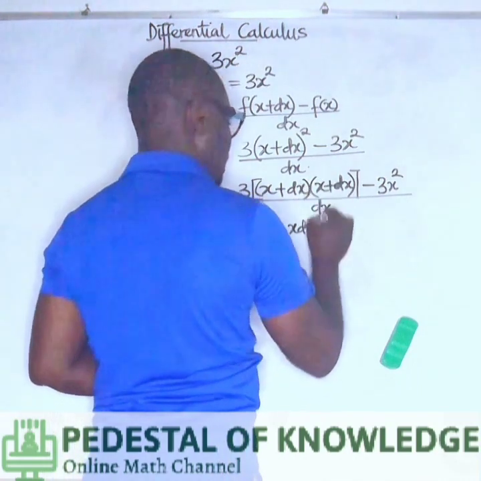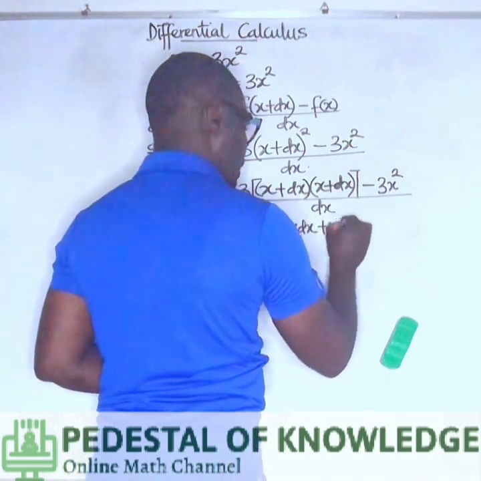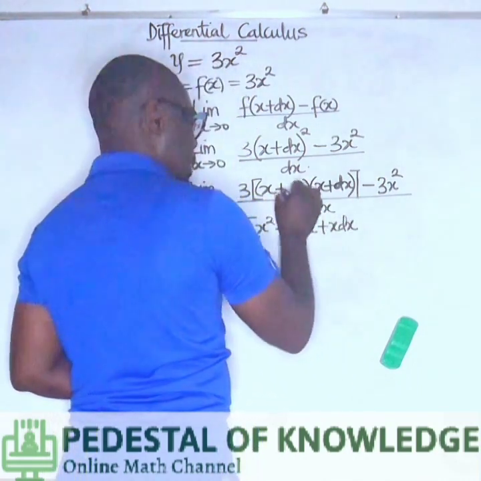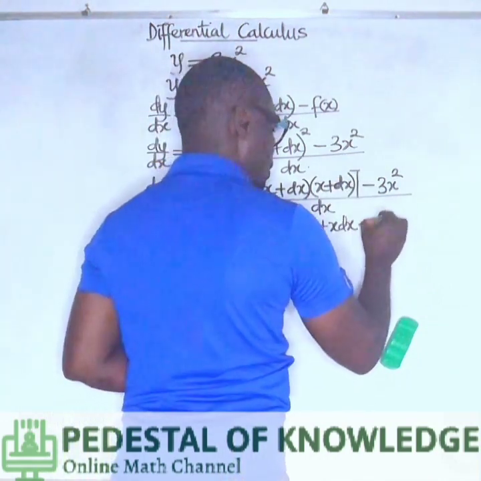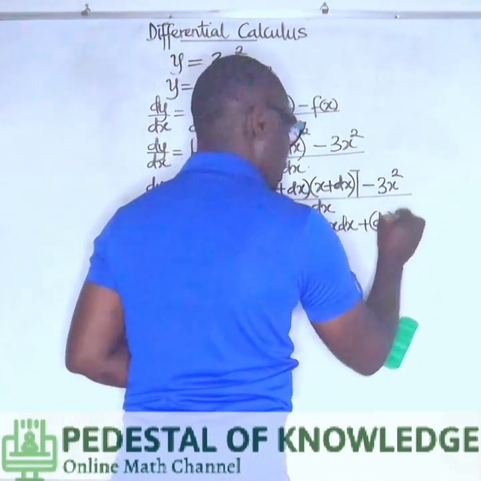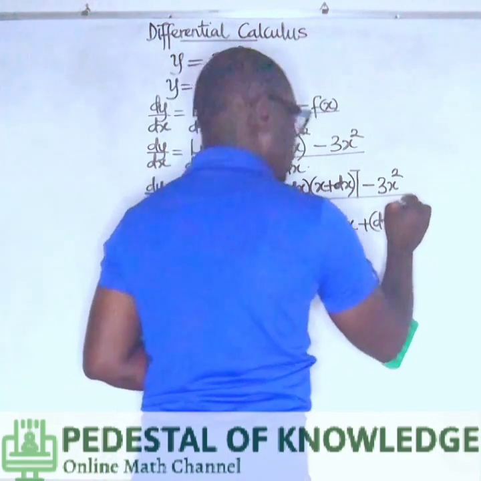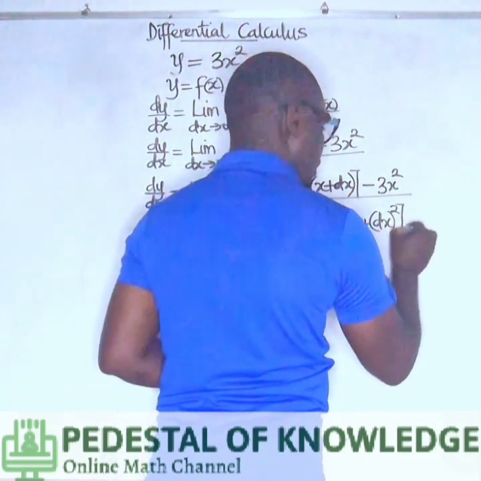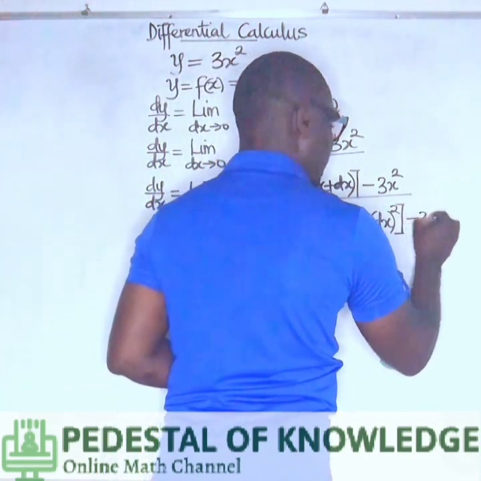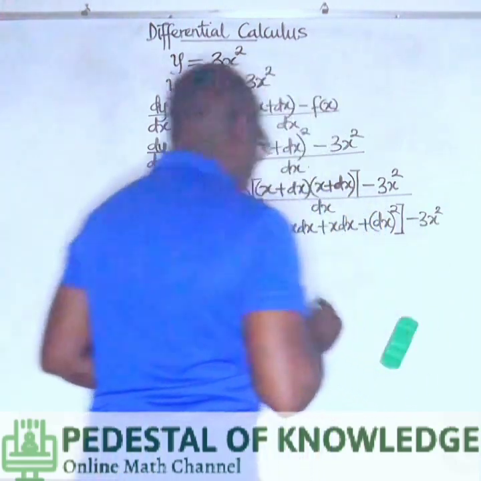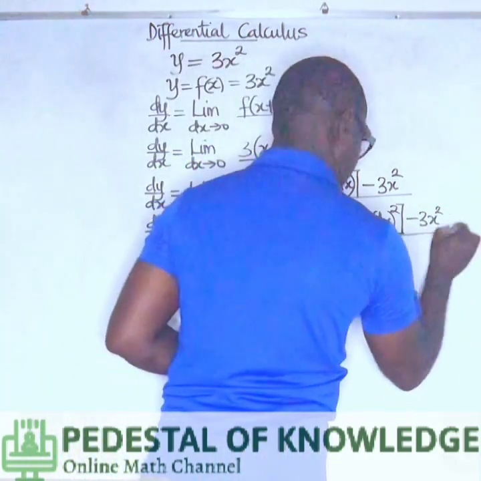Then dx times x will give us x dx. And dx times dx will give us dx all squared. Then we close the bracket, minus 3x squared, then divided by dx.